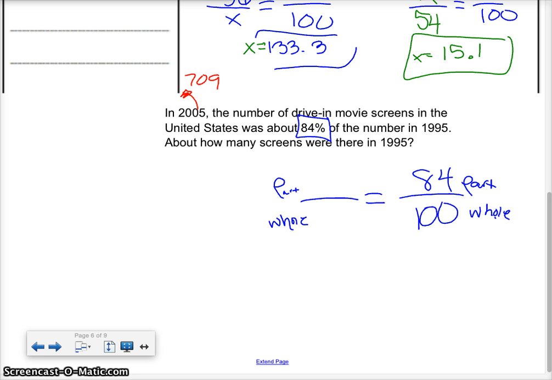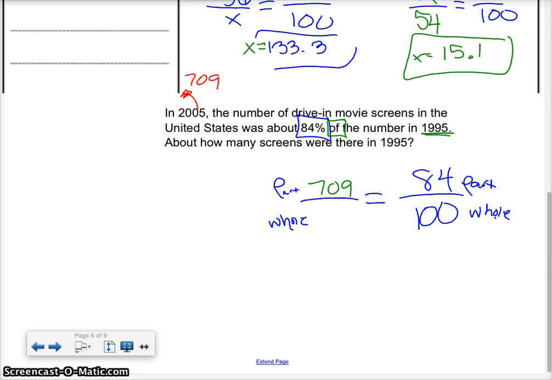Is that part or a whole? Part. It's part. And how did you know that 709 is part? Toby? Because we're trying to figure out how much they were in 1995. Because I'm trying to figure out how much in 1995, and this number is just a portion of how much there were in 1995.